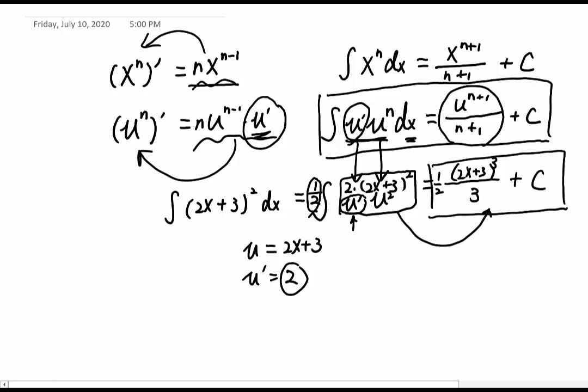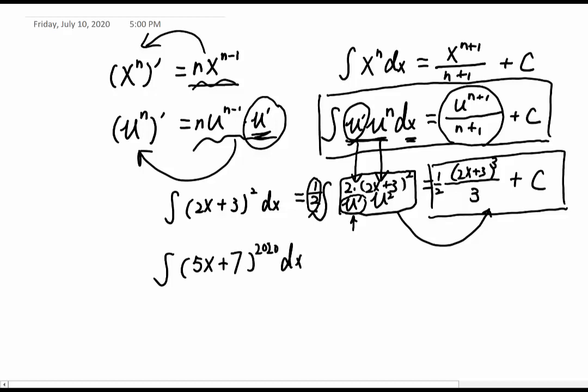Okay, let's do one more example right here. Let's take the integral of (5x plus 7) to the 2020 dx.